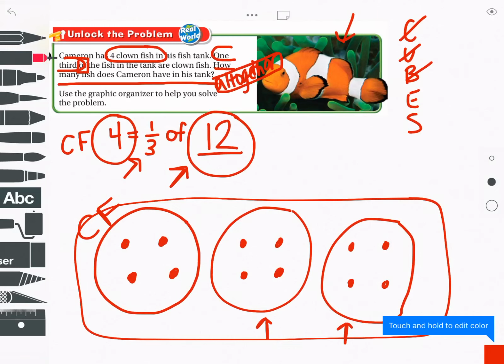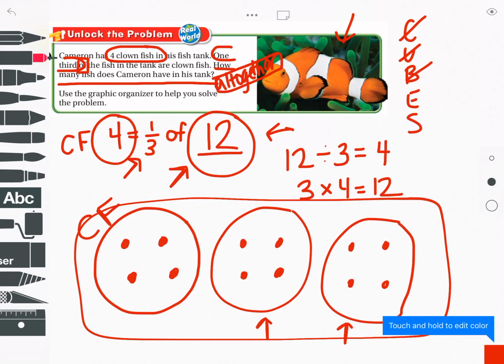So a way to check to make sure this answer is reasonable is by looking at our multiplication and division equations. I have 3 groups with 4 in each, and that equals 12 fish altogether. If you remember when we were doing the word problems and finding a fraction of a whole, we were talking also about having a total number divided by the denominator equals the number in each group.